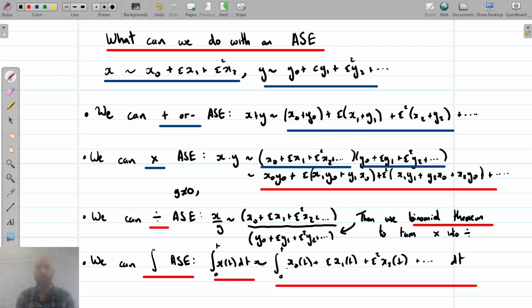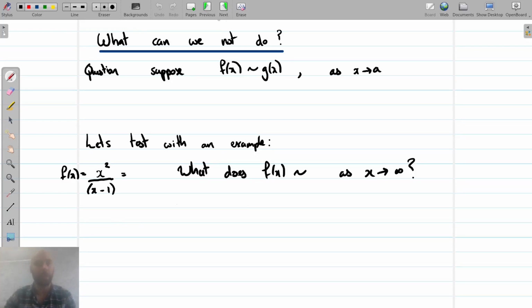So the moral was we can add and subtract, multiply, divide, and integrate asymptotic series expansions. But there are a few things missing from this list that you might have expected to be there. What we're going to do today is talk about things that we can't do to asymptotic series.